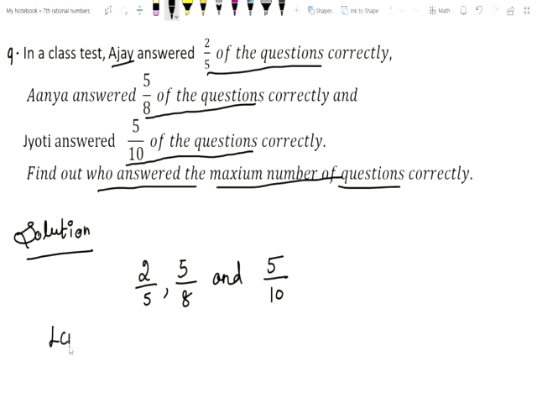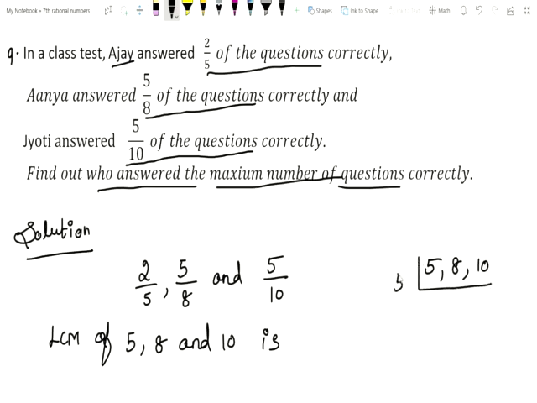So the LCM of 5, 8 and 10, we are going to find. First divide by 5. 5 ones are 5, 8 you write as it is, 5 twos are 10.